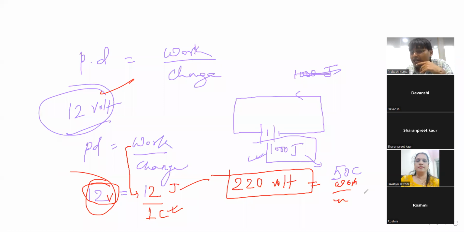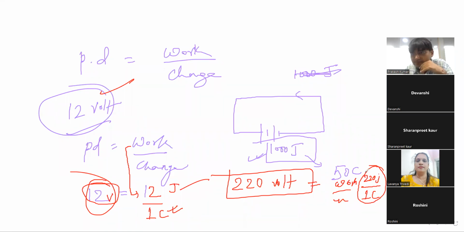Now you can relate that in my home, for moving 1 coulomb of charge, how much joule is spent? 220. This is the standard supply at your home.